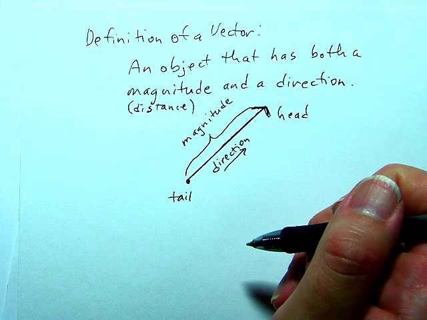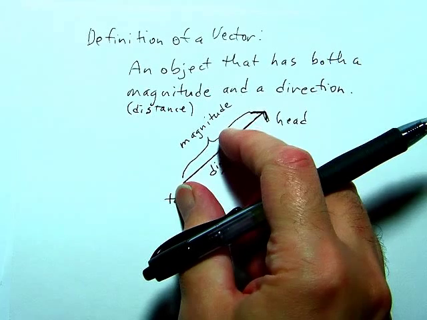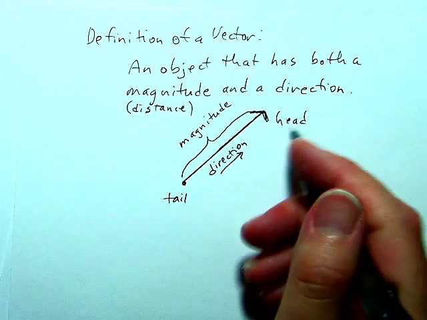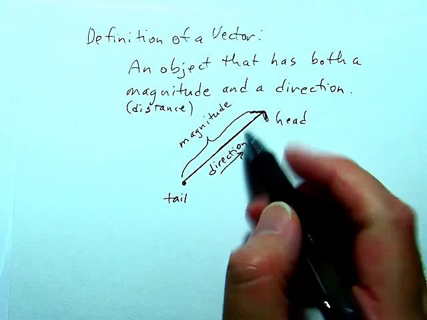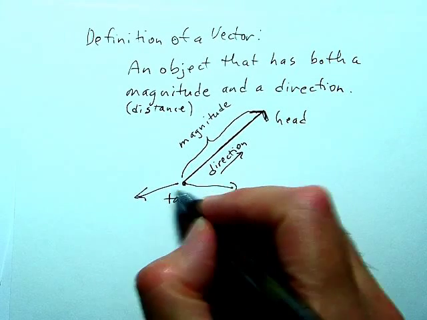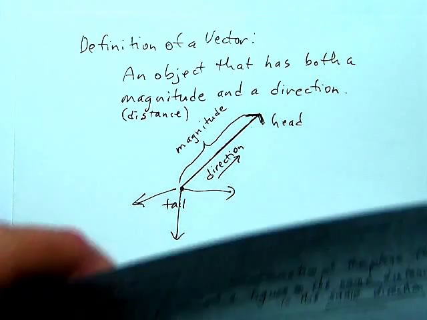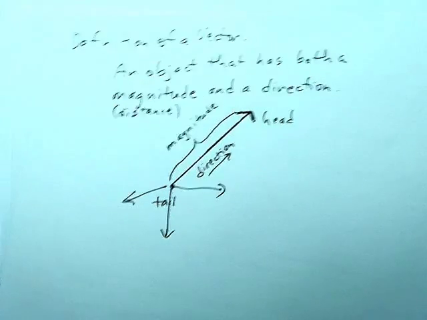So the vector very concisely represents magnitude by how large or small it is, and also is able to express direction depending on where it points, whether it points here or there or there. It can express direction. So let's take a look at some of the properties of vectors.